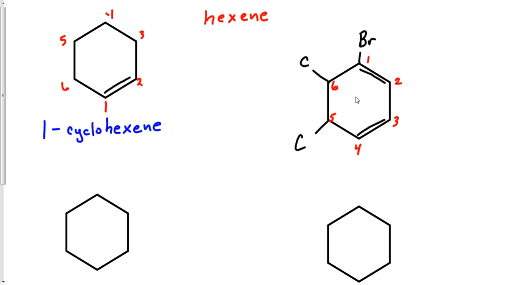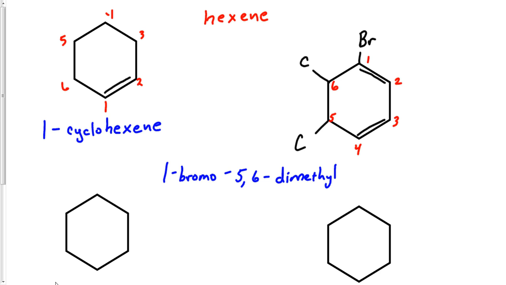So in this case, I would call this 1 dash bromo. And except for me, I wrote the letter D. So let's get rid of that. 1 dash bromo. And I'm starting to think I probably need a little bit more room because this one's probably going to end up kind of long. 1 dash bromo dash 5, 6 dimethyl.